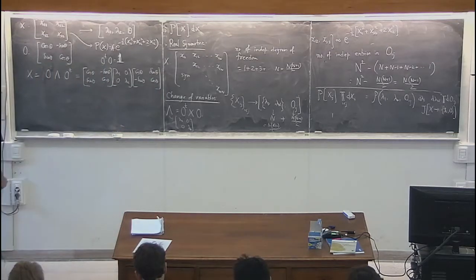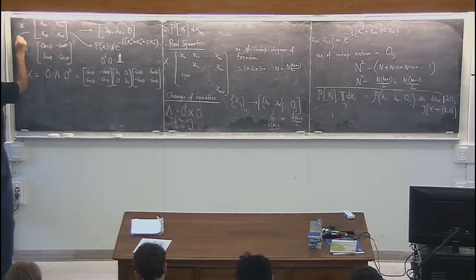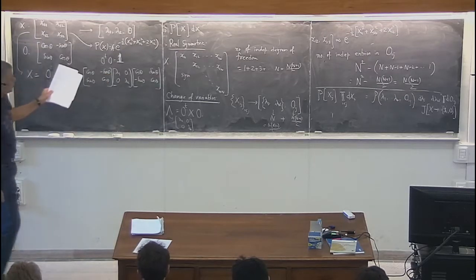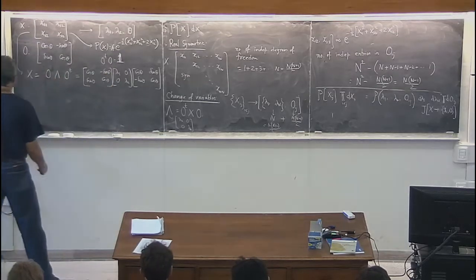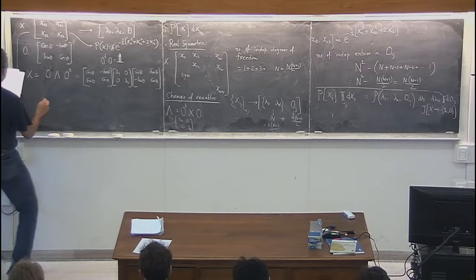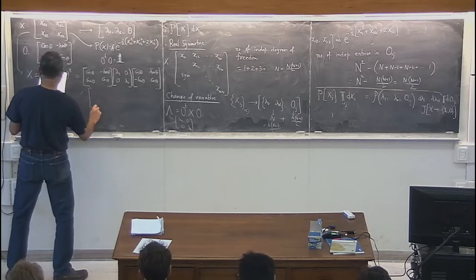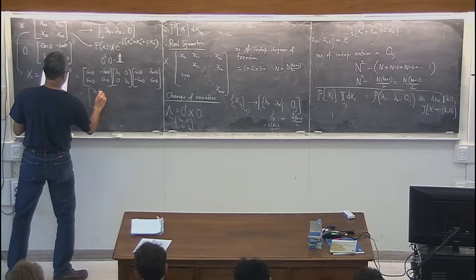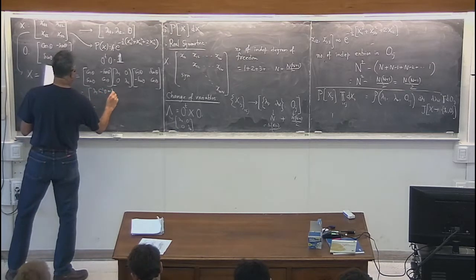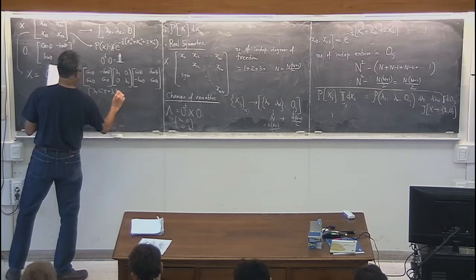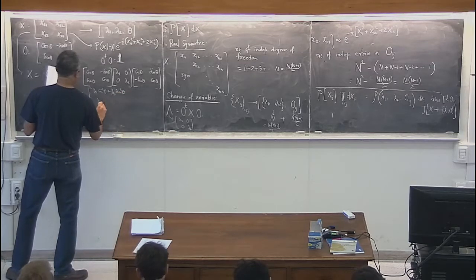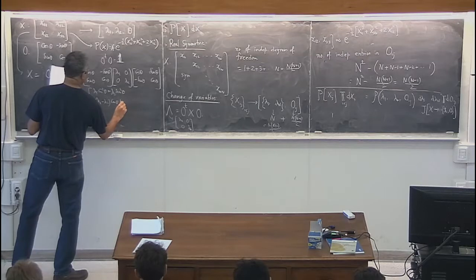So your original matrix X you can write this way. Then you can just multiply these 3 matrices, and you get lambda 1 cosine squared theta plus lambda 2 sine squared theta, and lambda 1 minus lambda 2 times cosine theta sine theta.